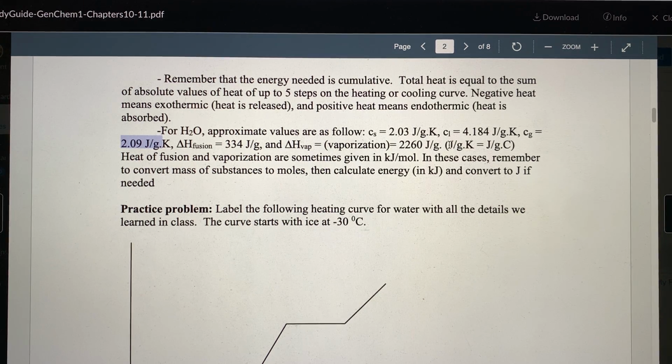And remember, joule per gram per Kelvin is the same as joule per gram per Celsius. Per degree is the same. Doesn't matter what kind of degree. Okay. The heat of fusion, as I mentioned before, is sometimes given in kilojoule per mole, and in that case, the amount of substance must be in mole, and make sure the units match.